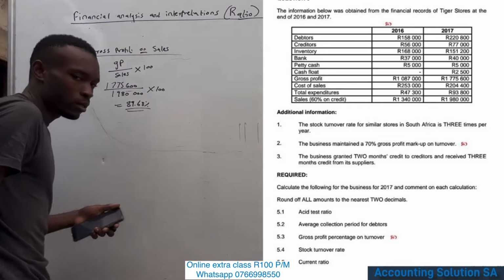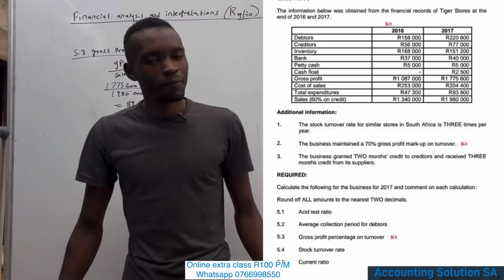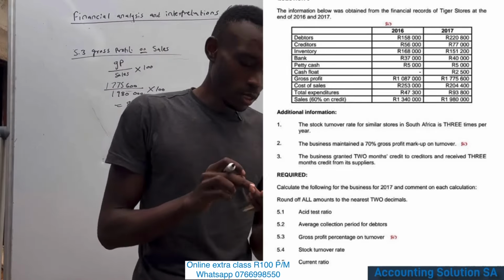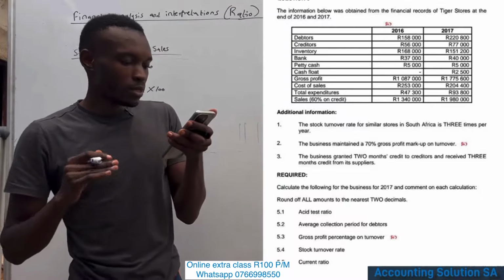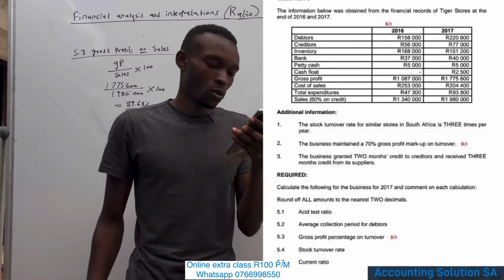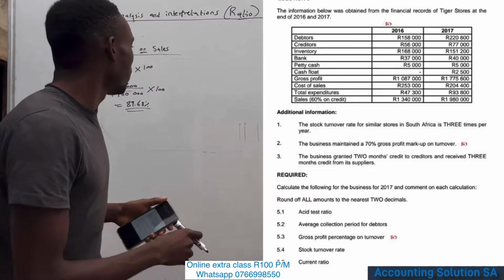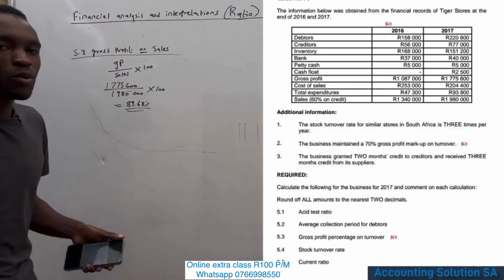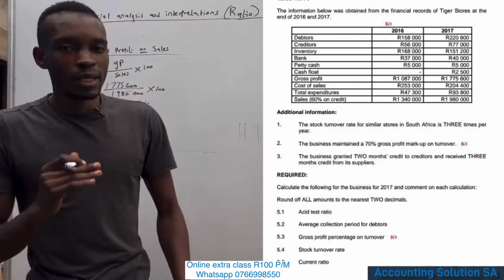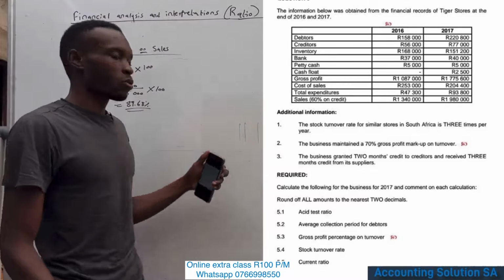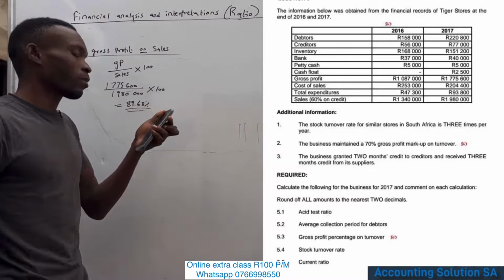Is it good or bad? This is very, very, very good. The reason is because, remember, they said the business maintains 70% gross profit markup. Now we got 89, which means that we got higher than the maintenance of 70%. So your comment is going to be very good.